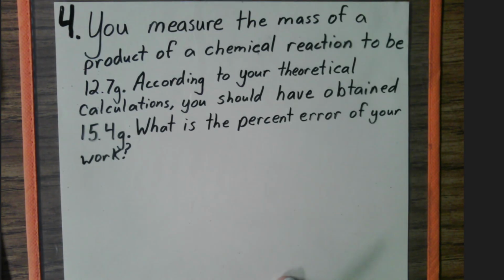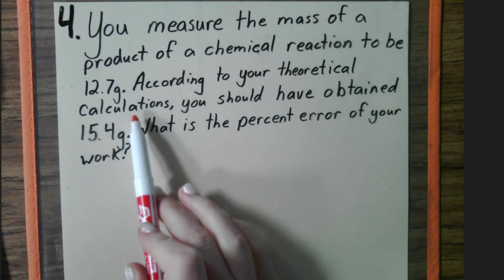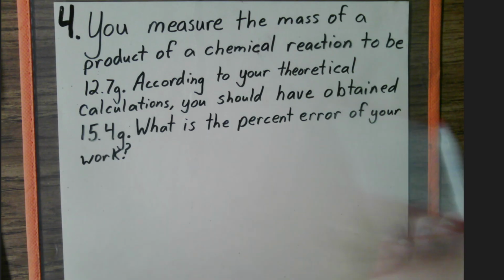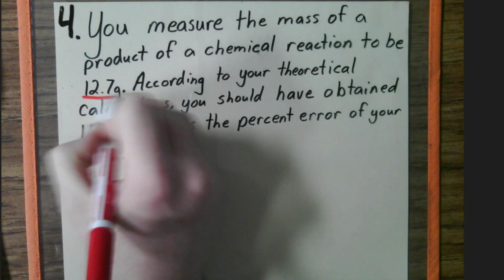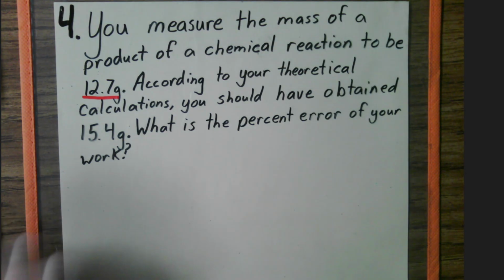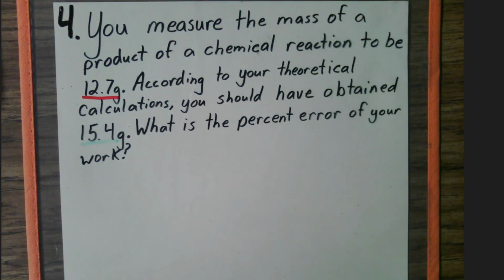All right, so let's find what we're looking for. It says here that according to your theoretical calculations, you should have obtained 15.4. That is our expected. And the first part, you measure the mass, this is our observed. 12.7 is our observed. 15.4 is our expected.